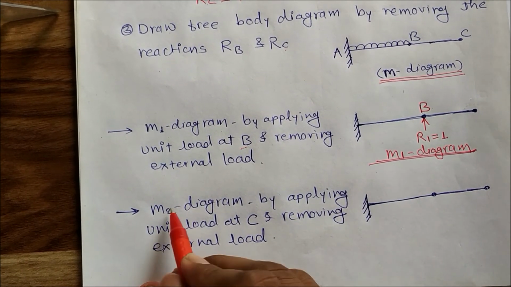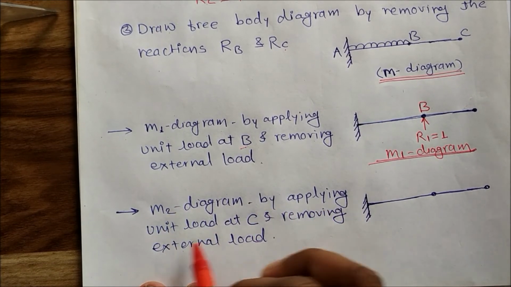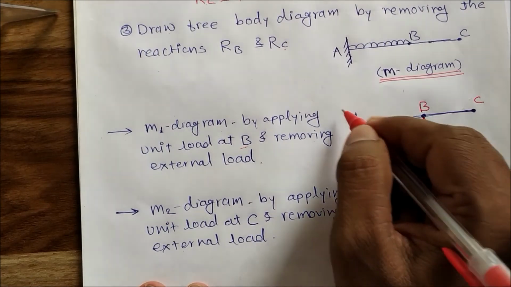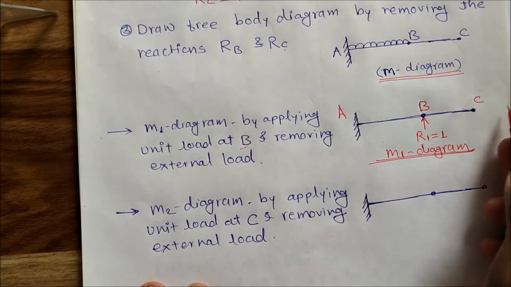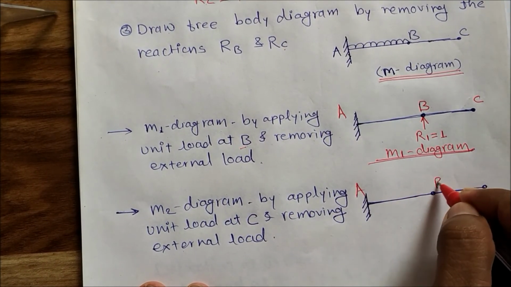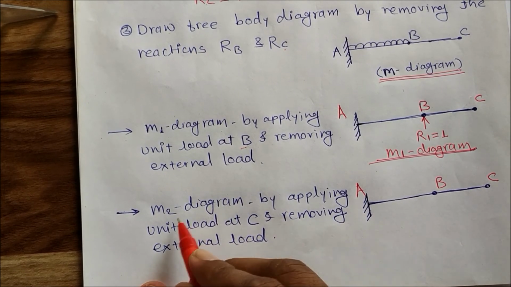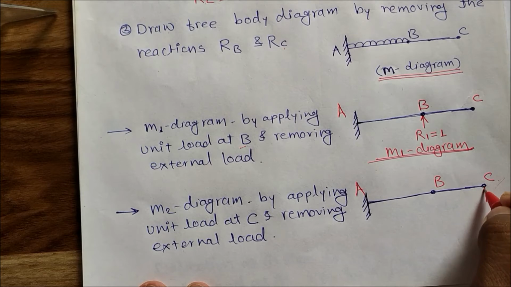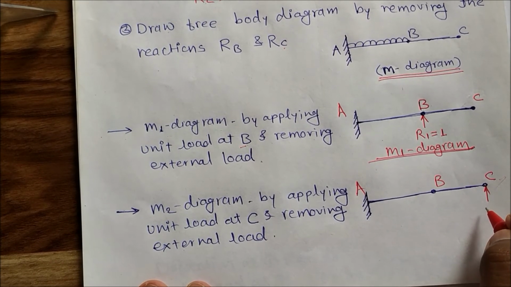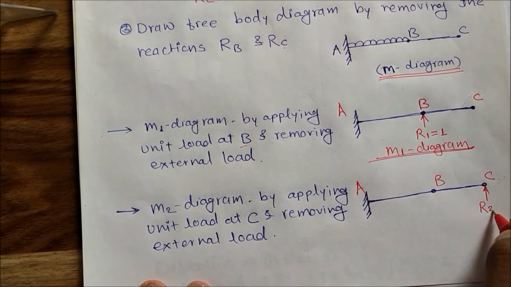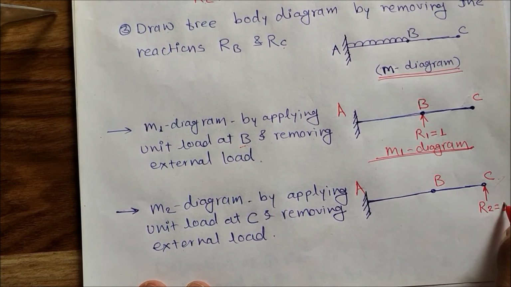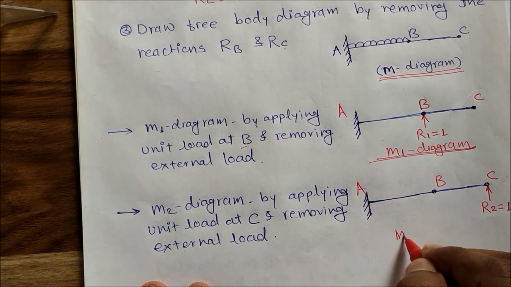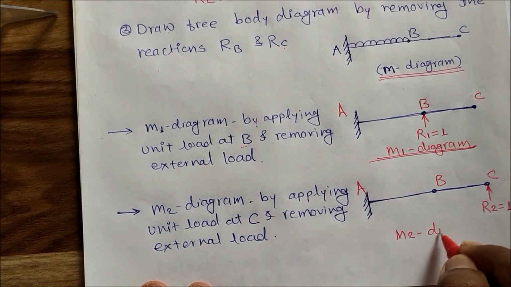And in the M2 diagram, by applying the unit load at C, so this is A, B, C, we apply the unit load at C. Therefore R2 is equal to 1. So this is the M2 diagram.